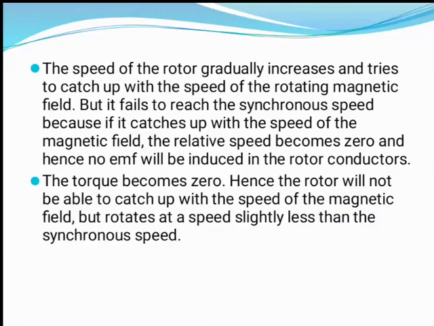The speed of the rotor gradually increases and tries to catch up with the speed of the rotating magnetic field, but it never happens. It fails to reach the synchronous speed because if it catches the speed of the magnetic field, the relative speed becomes zero.